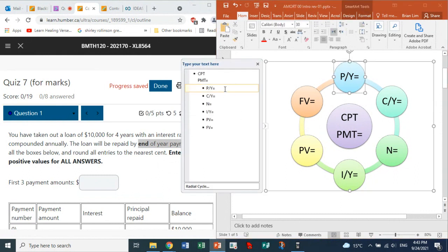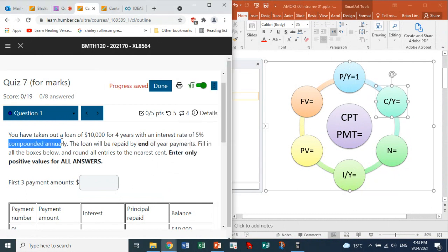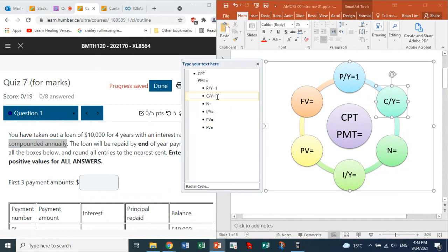So we can enter a value of 1. Then we come down to the next one, CY, and that is also 1 because it's compounded annually. So we come over here and put in the 1, and we usually use the calculator to do that.